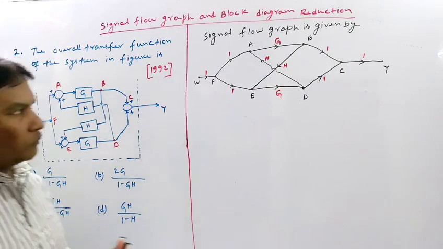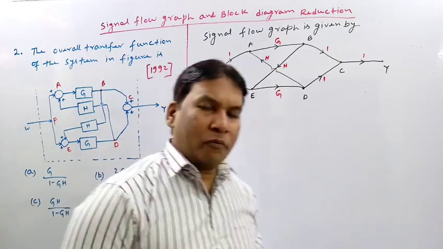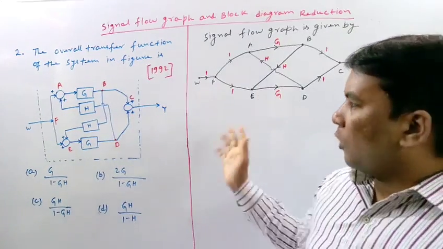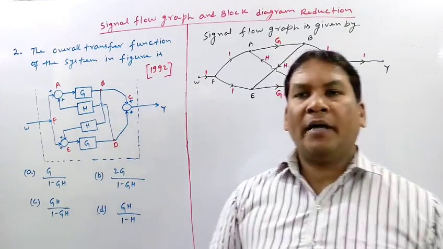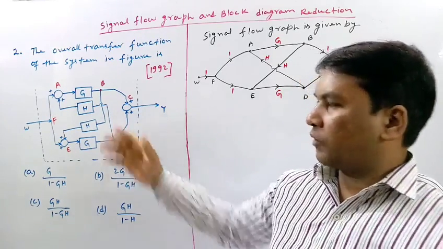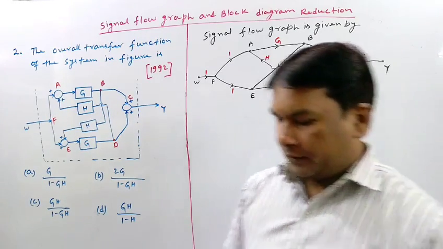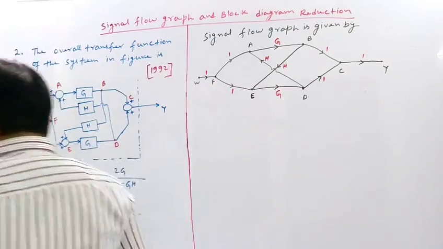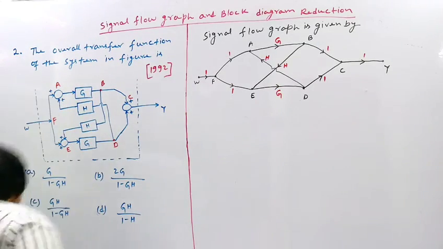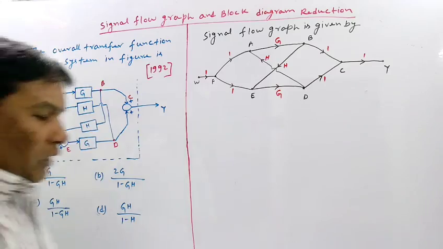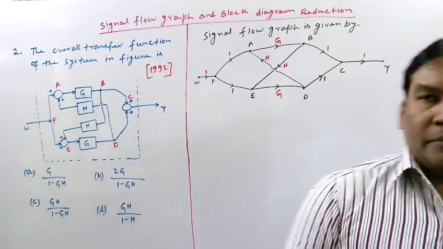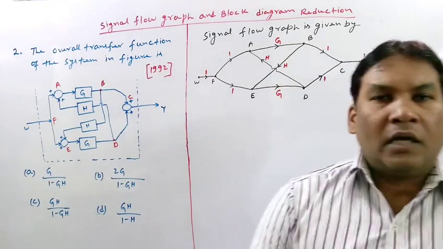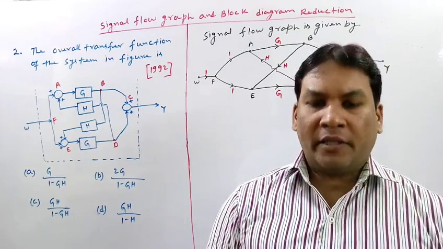Now we have to make use of Mason gain formula to find the transfer function of this block diagram. Let us say again what Mason gain formula says.